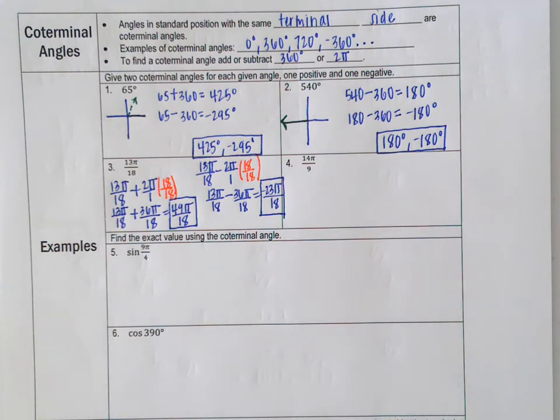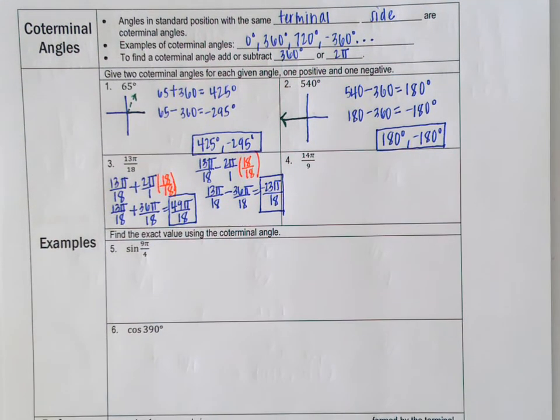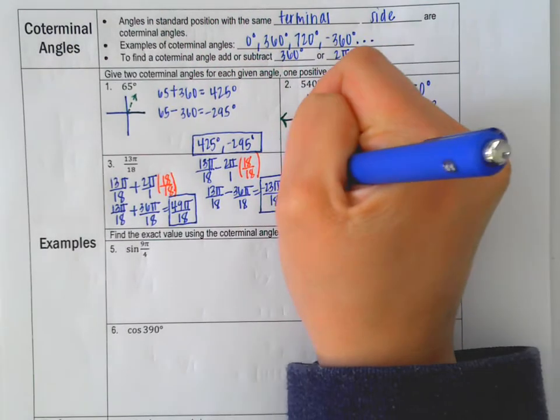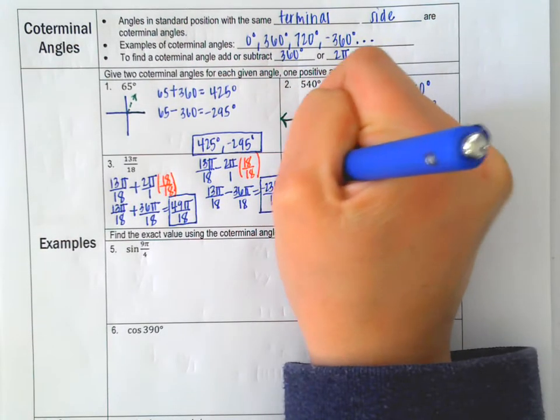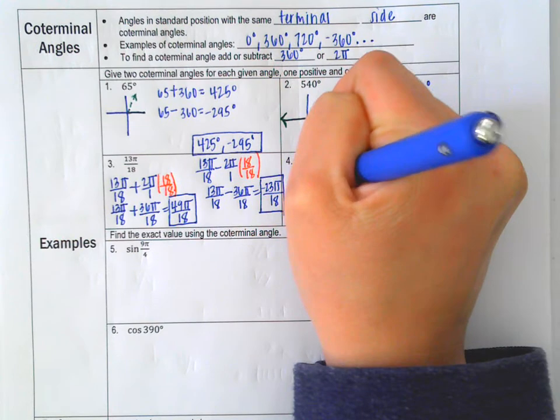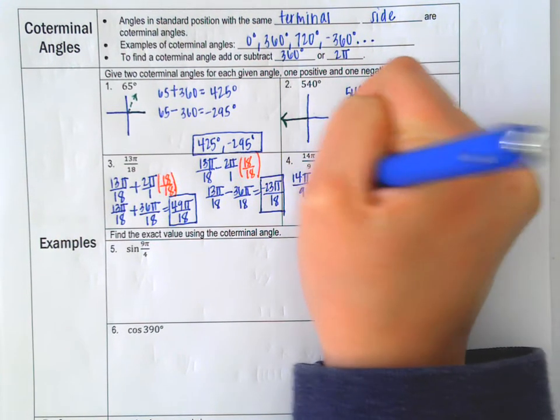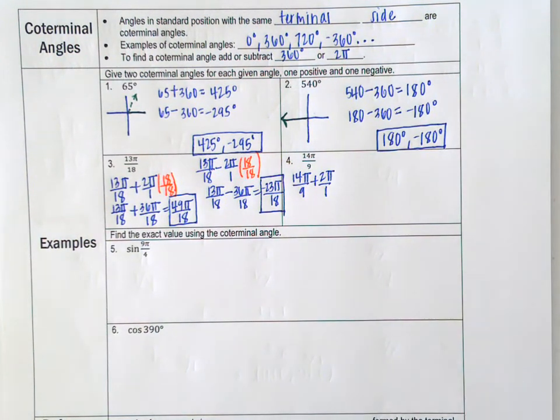So we are going to do the same thing we did over here. 14 pi over 9, we're just going to first add 2 pi. And just to let you know, the reason I knew that this wasn't bigger than 2 pi is because 9 goes into 14 less than 2 times, right? If it was bigger than 18, I'd know it'd be bigger than 2 pi.